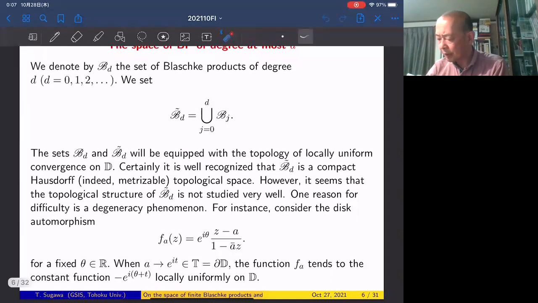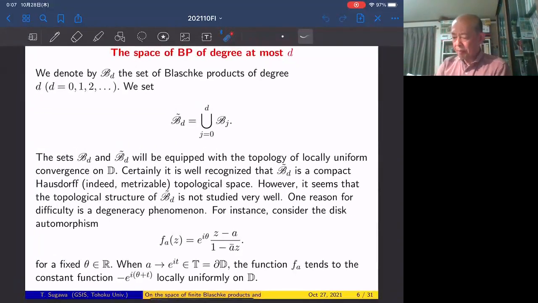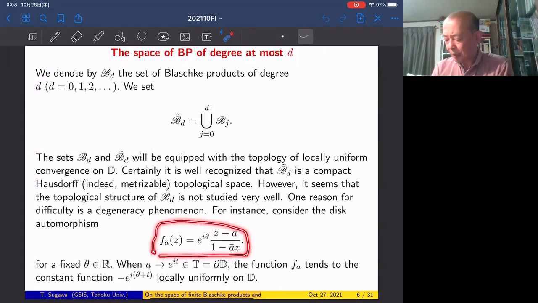To understand the topology, we sometimes have some difficulty. For instance, we consider the automorphism given by this form for a fixed parameter. Let's think about what happens when A goes to some boundary point of the unit disk, say e to the power i theta.